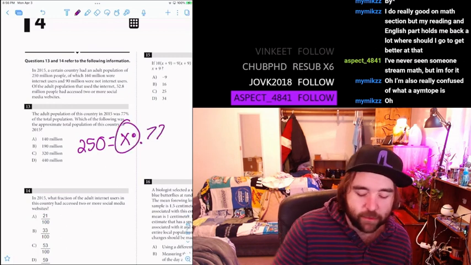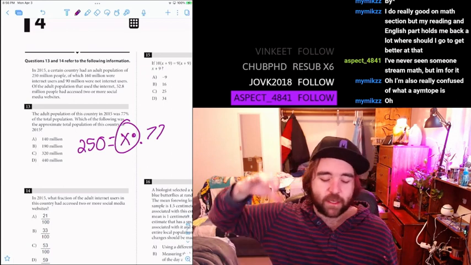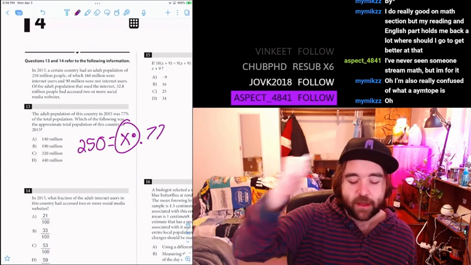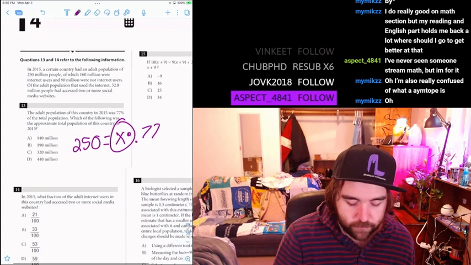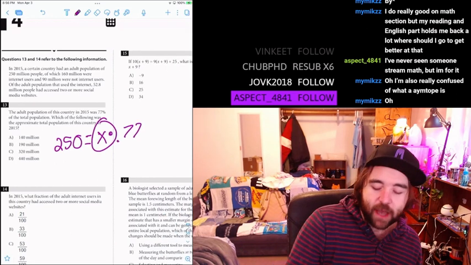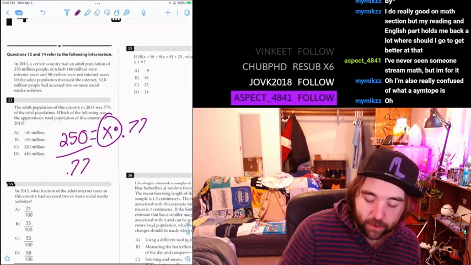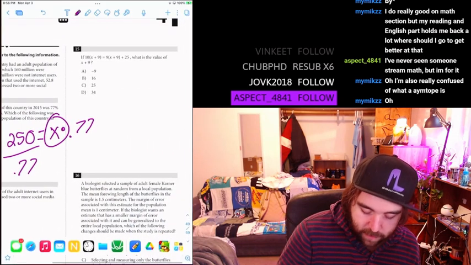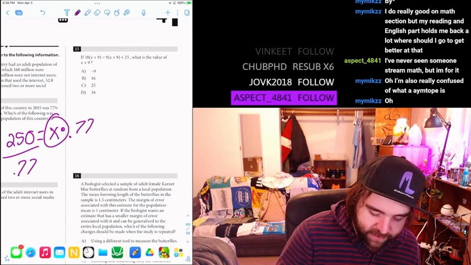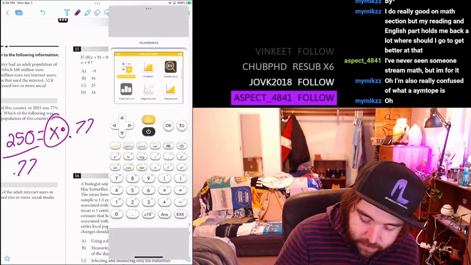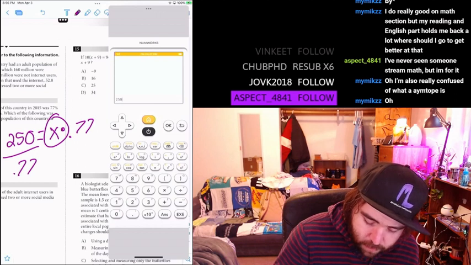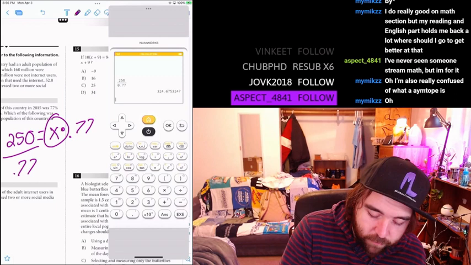See how we're thinking about it: we take the total population, take 77% of it, and that will get us the 250. So now we can see how to solve for X. We need to do 250 divided by 0.77, and that'll get us whatever it gets us, million. That we will bust out the calculator for, of course. So we'll do 250 over 0.77.